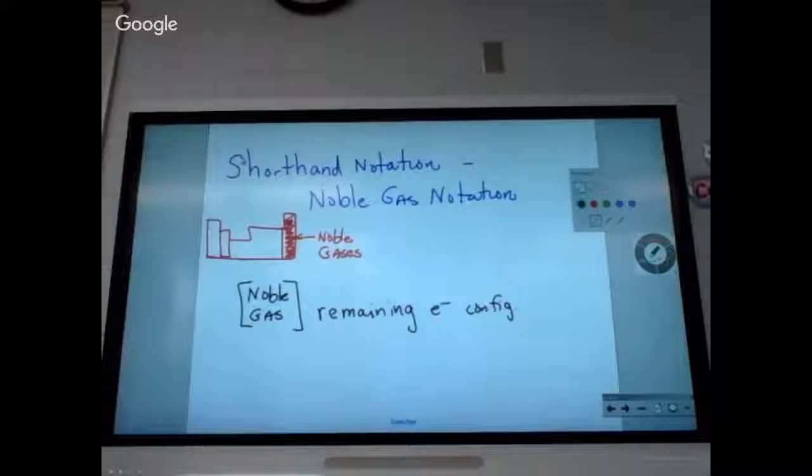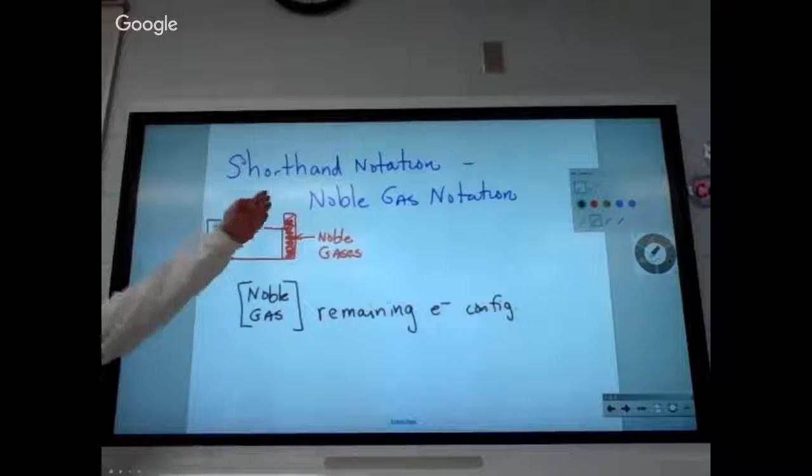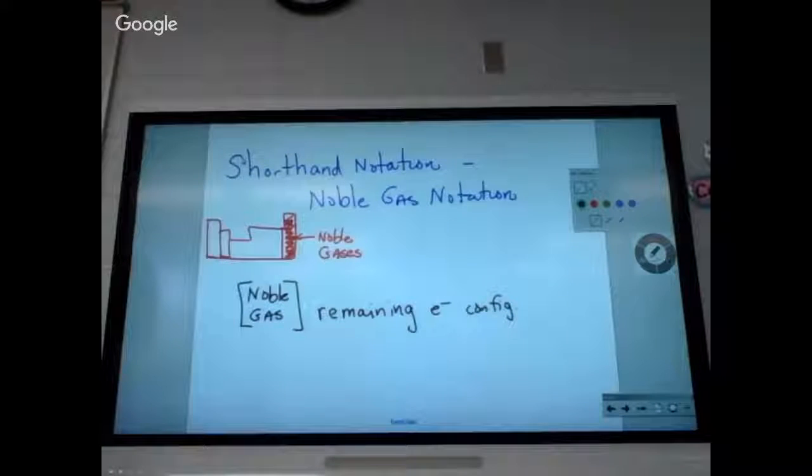Now, how do you know which noble gas to pick? You pick the one immediately before your element. We only have a choice of 6 of them, so it's not like there's a bunch of noble gases to pick from. We find the one closest to our element that's before it, and then we write the rest of the configuration after that.